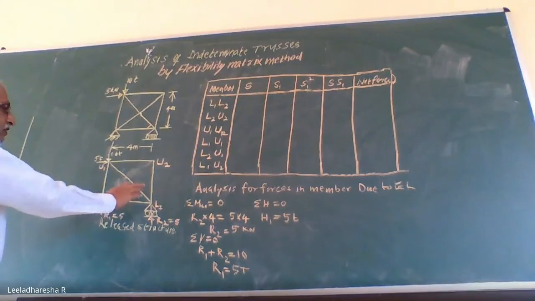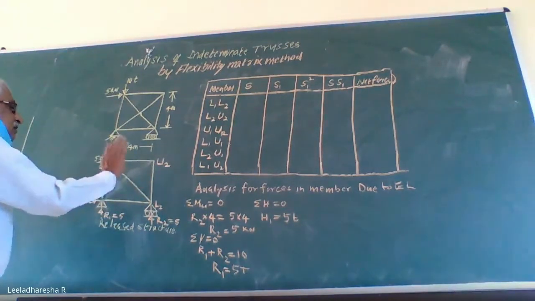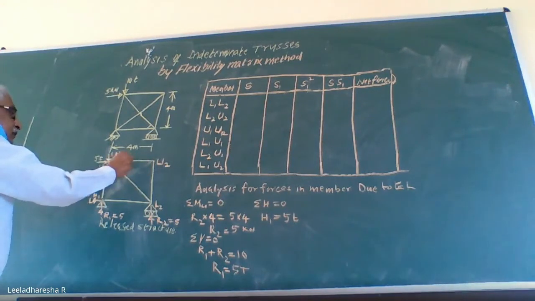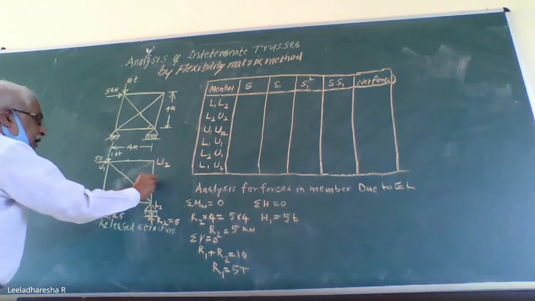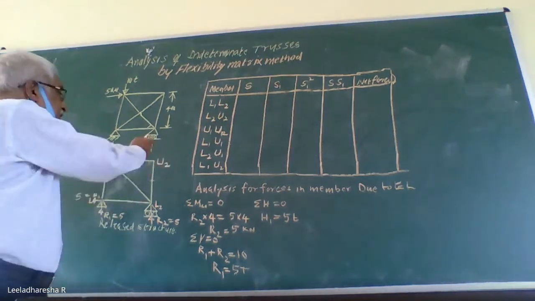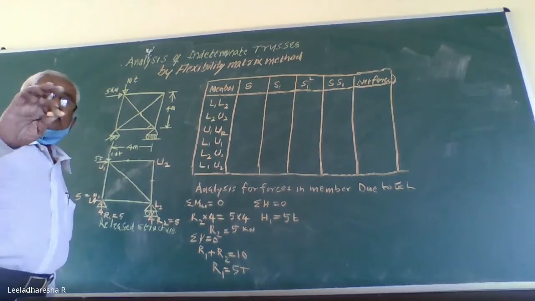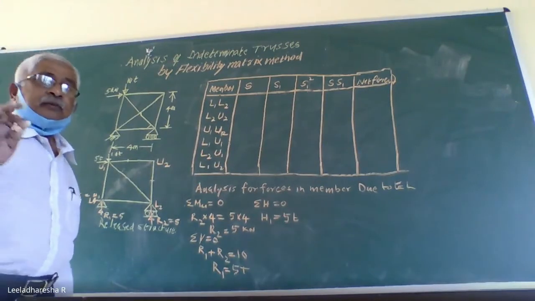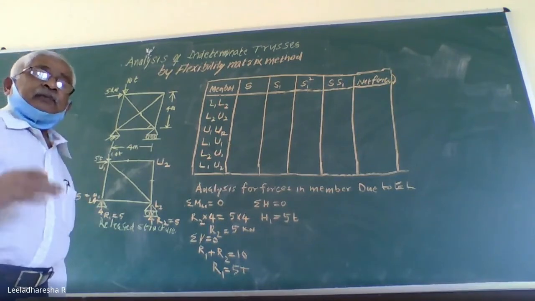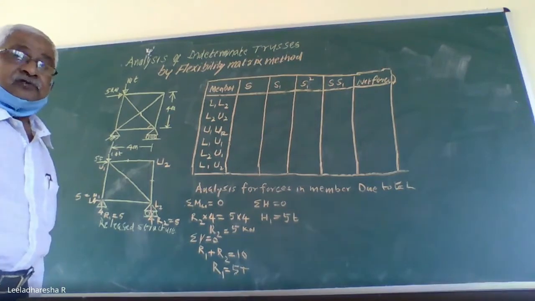See, I cannot start with this joint, 3 unknowns. This one, nothing is available. You can start here: if you apply this, you get force in this member as 0 and this member as 0, because no load is acting at the joint U2. These are all the things you need to remember, because at this particular stage, as far as possible, you must reduce your number of calculations.